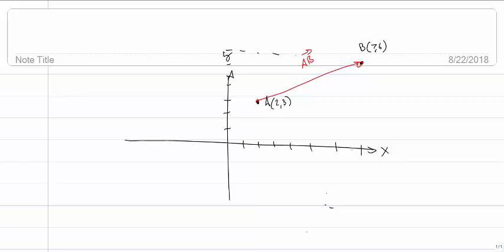So vector AB says that we start at A and we end at B, so the order matters. Of course, it would be very different from the vector that starts at B and goes towards A. That would be vector BA.